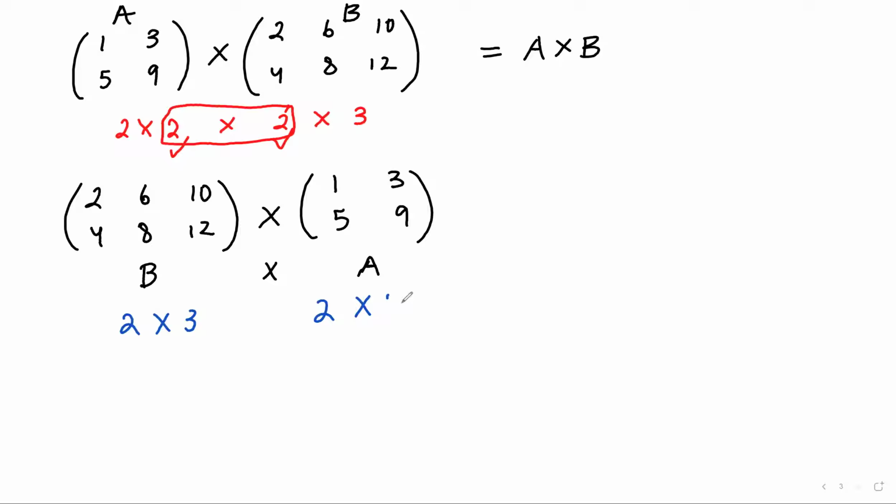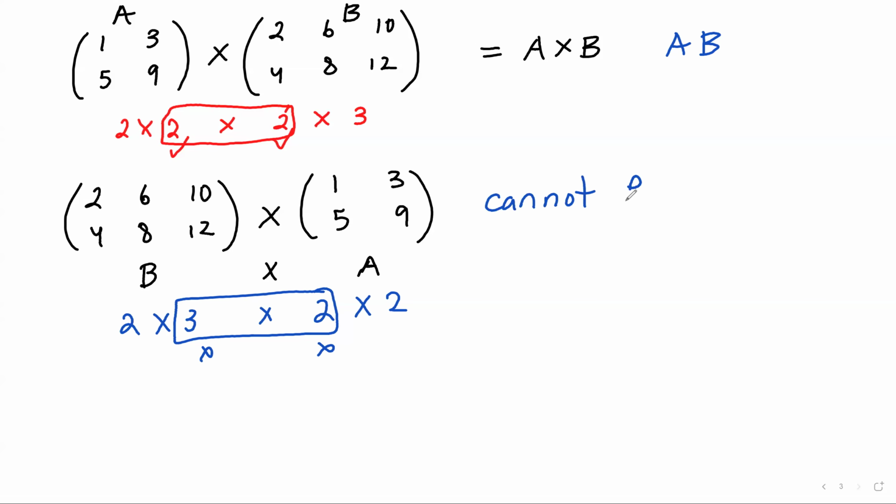And do you notice that these two numbers in the middle here are not the same? So you could find AB, but you cannot find BA, because B is a 2 by 3 matrix and A is a 2 by 2 matrix.